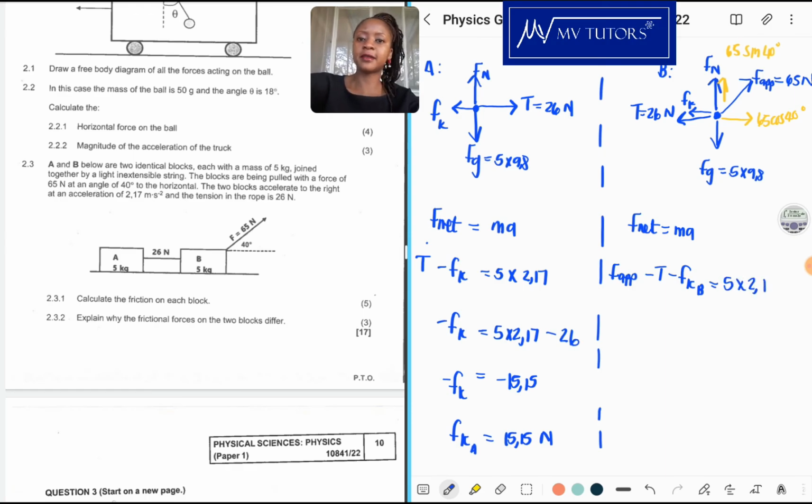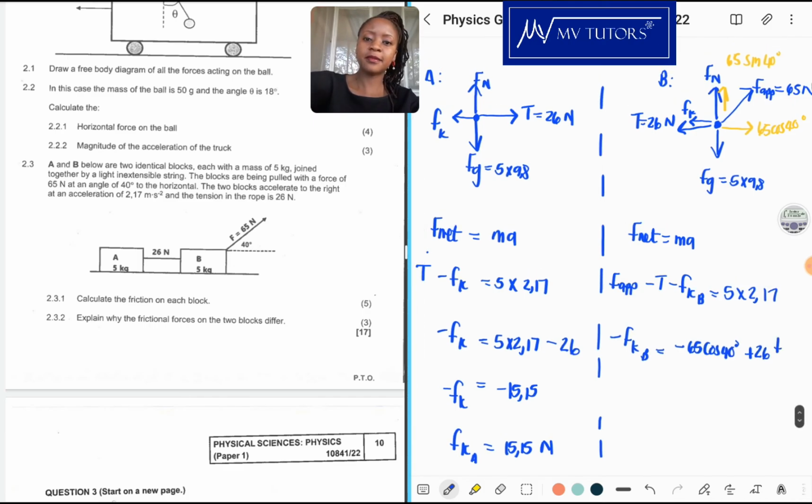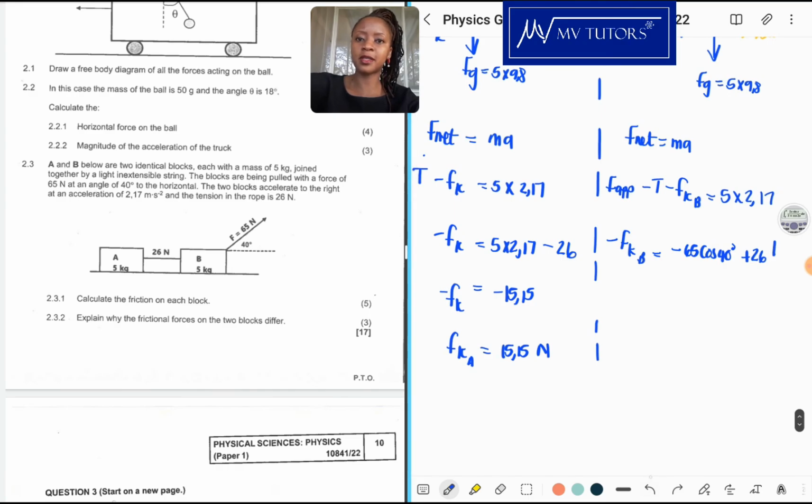So again, 5 times 2.17. The force applied is 65, going that side, so that's negative 65 cos 40, and then plus the tension, which is 26, and then plus 5 times 2.17.